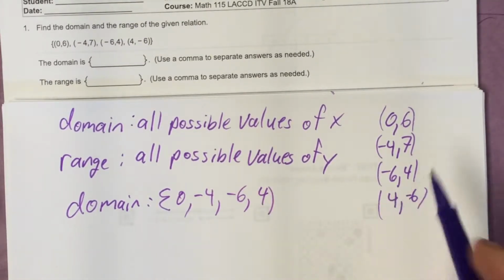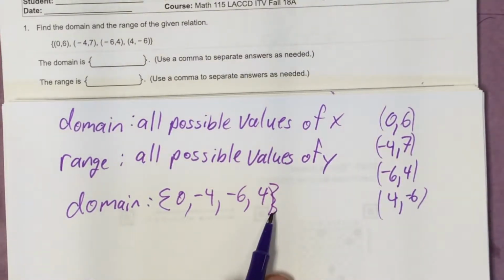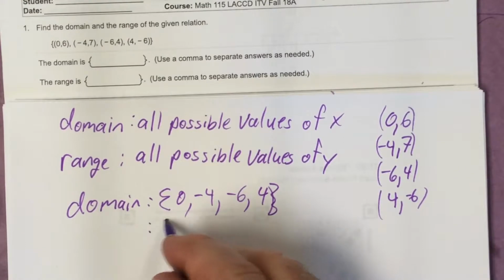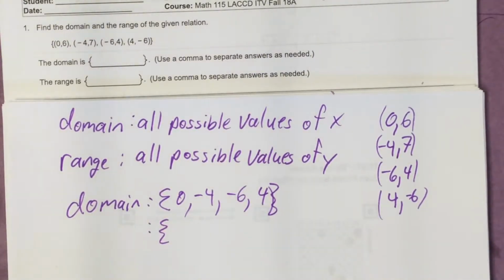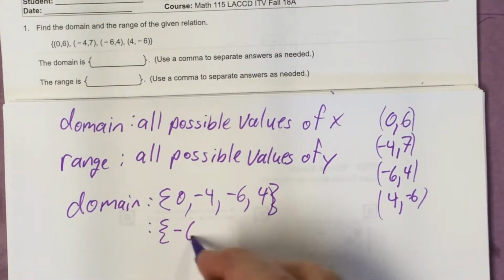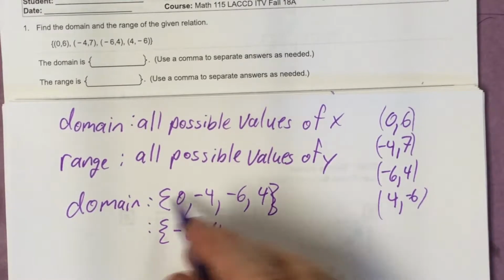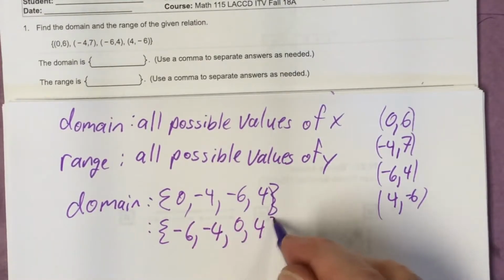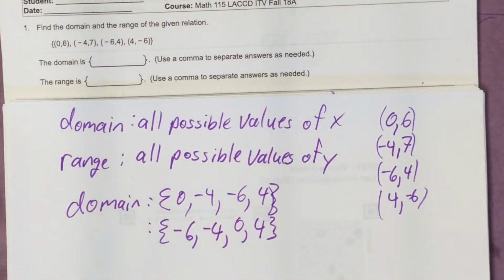Sometimes they can be fussy about the order of this in terms of putting this in order from least to greatest. So you need to be careful of that from MyMathLab, this would be negative 6, negative 4, 0, and then 4. And as I mentioned before, the domain are all the possible x values for that.